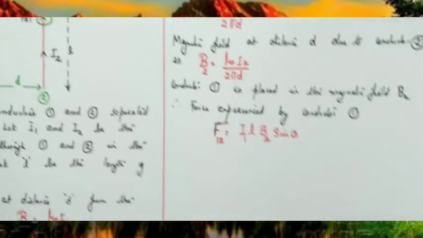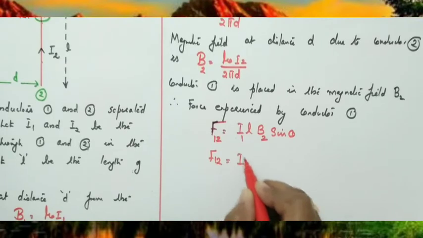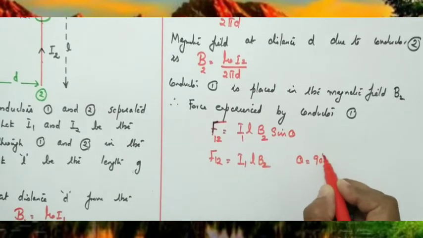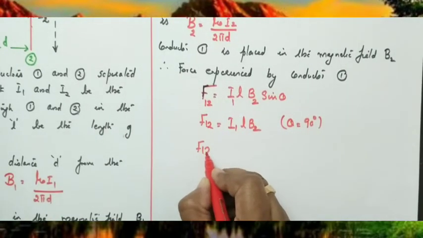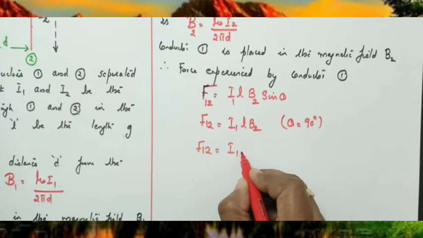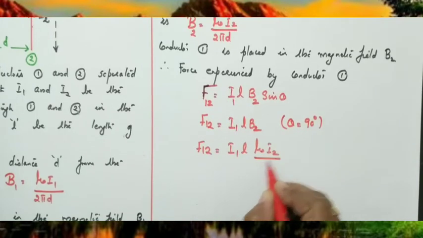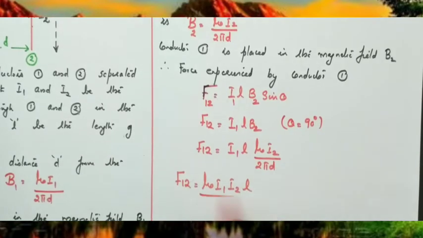Therefore theta is 90 degrees. Therefore F12 equal to I1 L B2 since theta is equal to 90 degrees. Now we can substitute the value of B2, which is mu 0 I2 divided by 2 pi D. So F12 can be written as mu 0 I1 I2 L divided by 2 pi D.